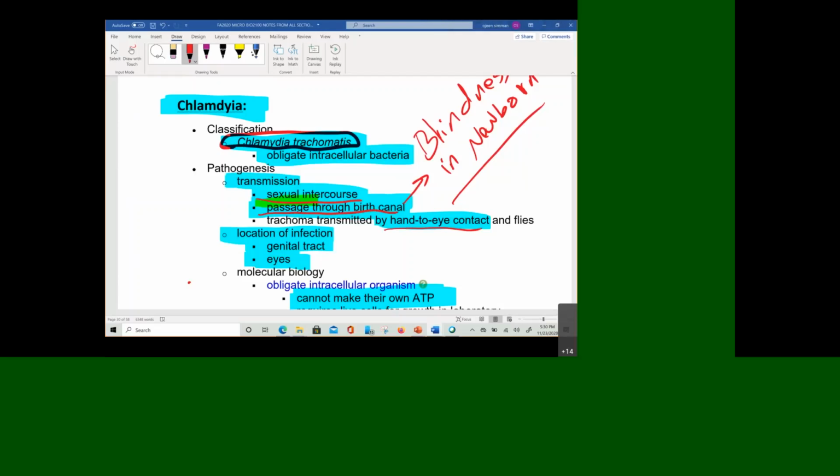So chlamydia is going to cause infections in basically two locations, namely the genital tract and the eyes.